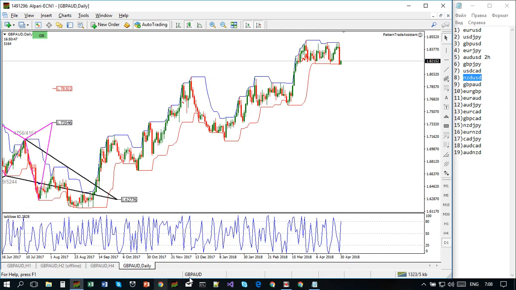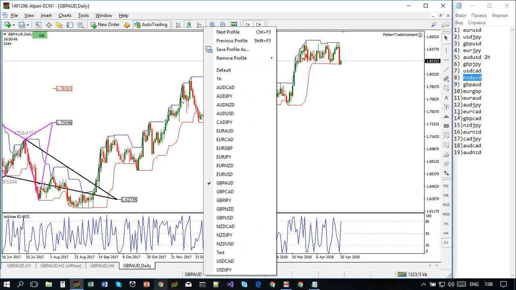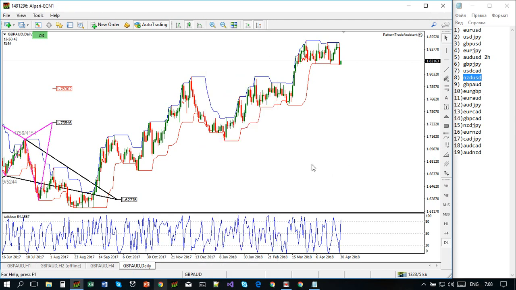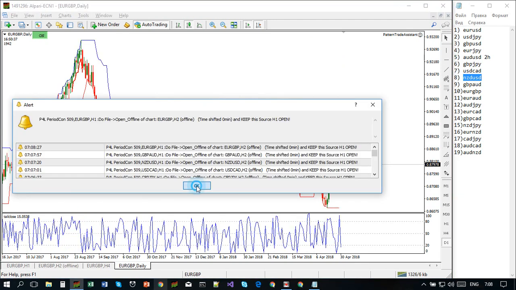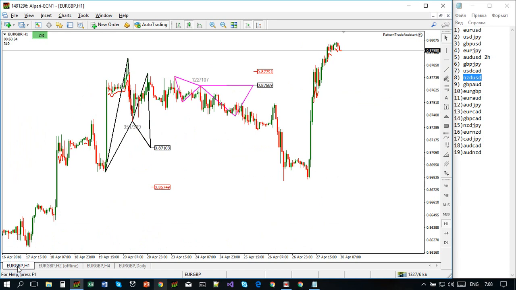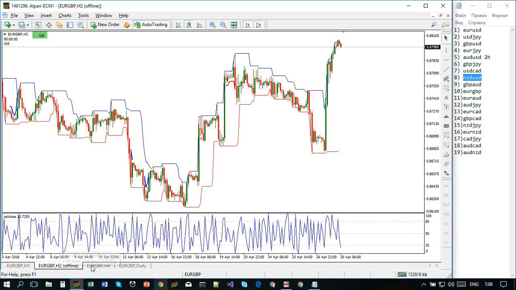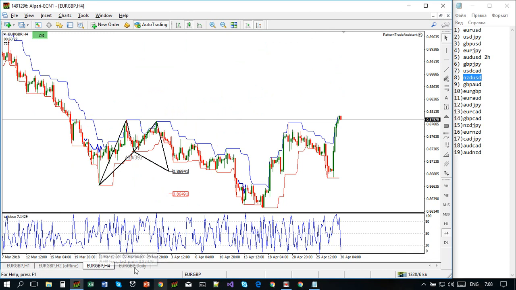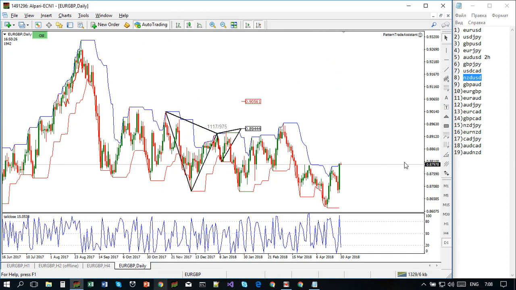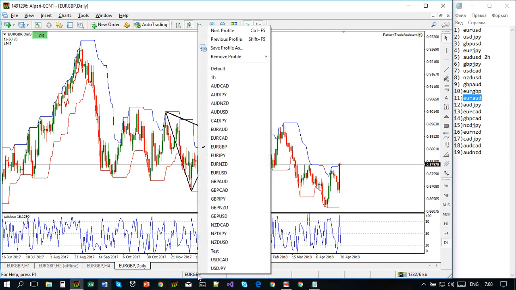This pound Aussie is working pretty good last month. Pound Euro, GBP is the next one. Okay, nothing is here. Nothing. It was Euro GBP.